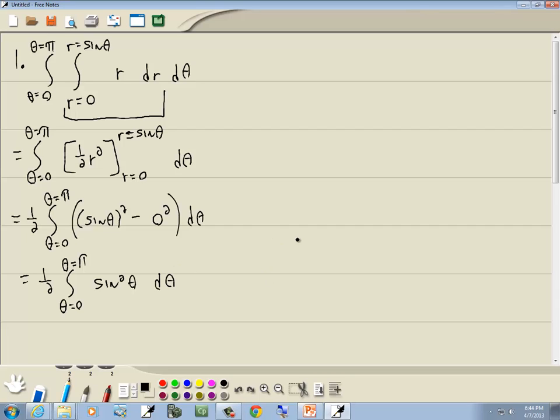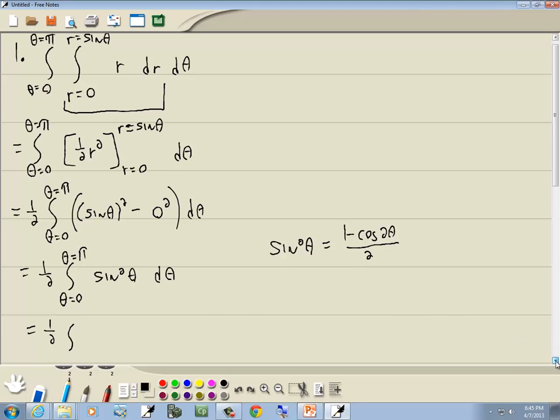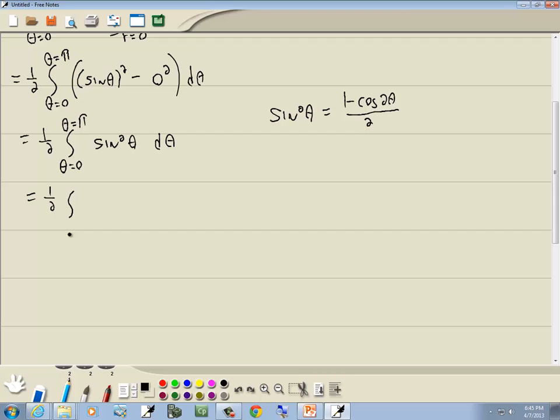Now from trig we got an identity that says sine squared is equal to 1 minus cosine 2 theta over 2. So this sine squared here, we can replace that. So theta is equal to 0 to theta is equal to pi.